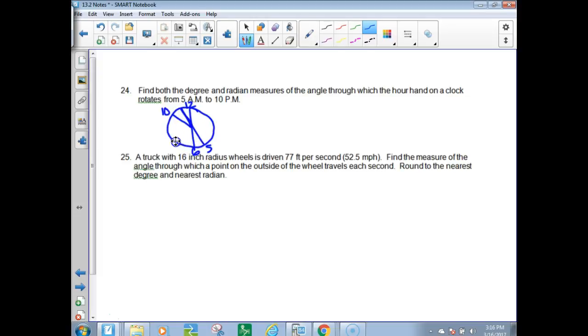From 5 a.m. to 12 p.m. would be 7. 1 plus 6. So it would be 7 hours plus from 12 p.m. to 10 p.m. would be 10 hours. Okay, so far what we've got here is 17 hours.